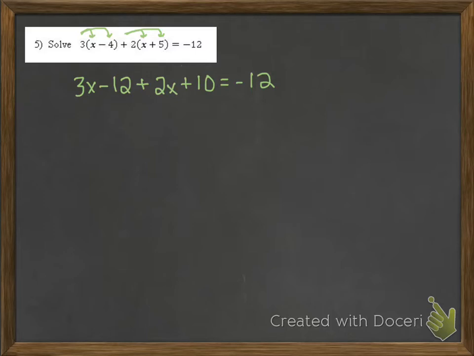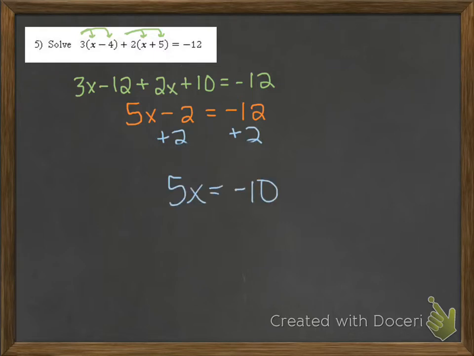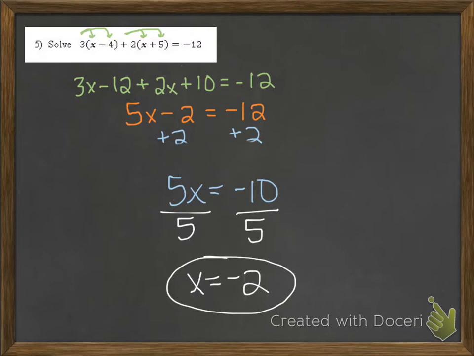Next step is to combine like terms, giving us 5x minus 2 is equal to negative 12. Then we would need to add 2 to both sides. And the final step would be to divide both sides by 5. Giving us a final answer of x is equal to negative 2.